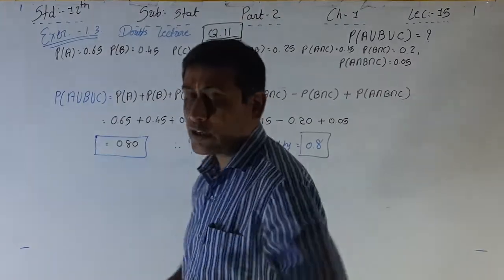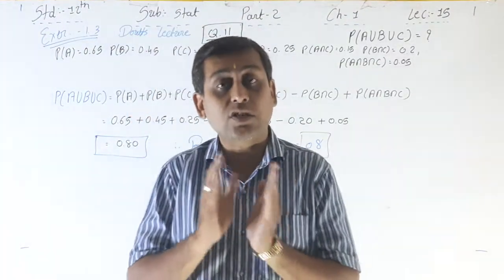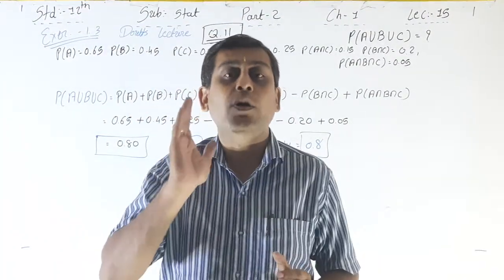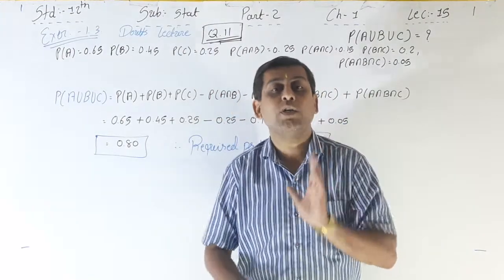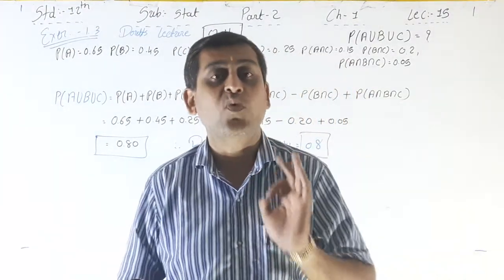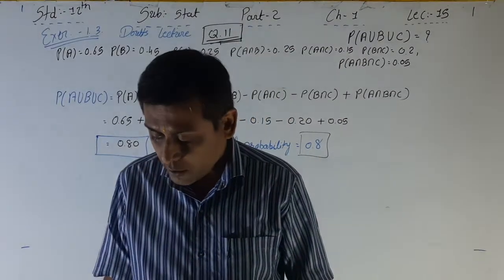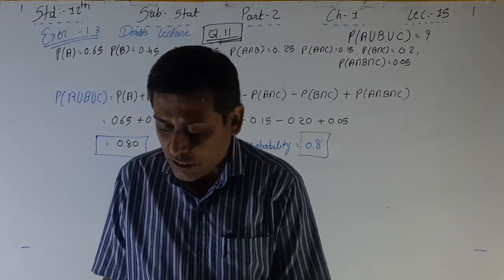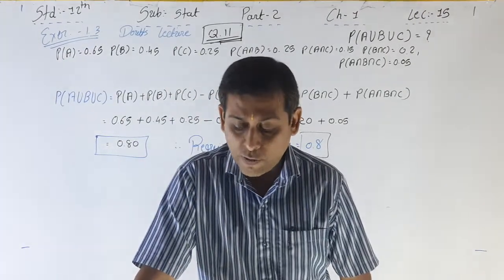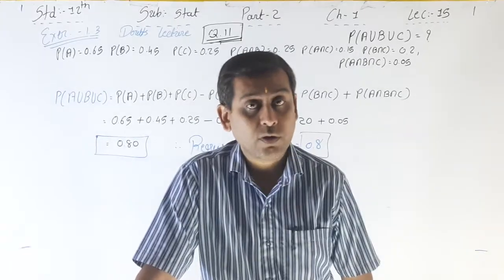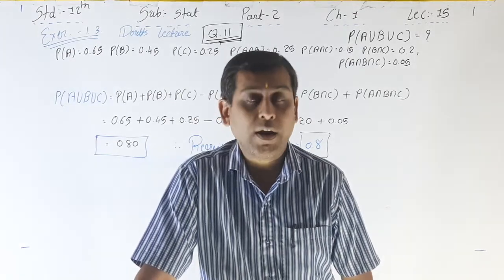What is the condition for exhaustive events? Union is equal to U, or union is equal to 1. Total probability is always 1 in exhaustive events. Now if P of C dash is equal to 0.8, 3 P of B is equal to 2 P of A dash, then find out P of A and P of B.